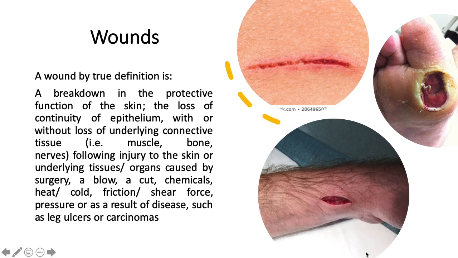It is the loss of continuity in the epithelium with or without loss of underlying connective tissue, whether it be muscle, bone, or nerves. This wound is created by an injury to the skin or the underlying tissues and organs, caused by a surgery, a blow, a cut, chemicals, heat, cold, friction, a force, or a pressure, as a result of a disease or an ulcer.